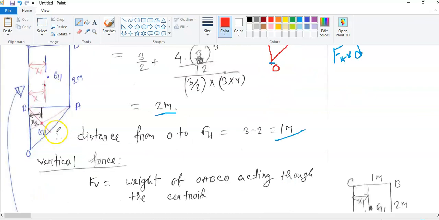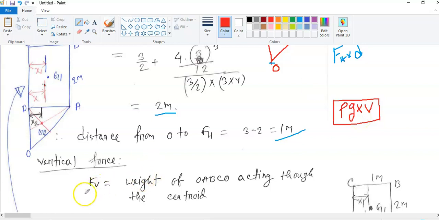Now if we want to calculate the vertical force, you all know the vertical force is the density of the material, gravity, and the volume of the domain. In other words, the vertical force is equal to the weight, which is acting in the downward direction.